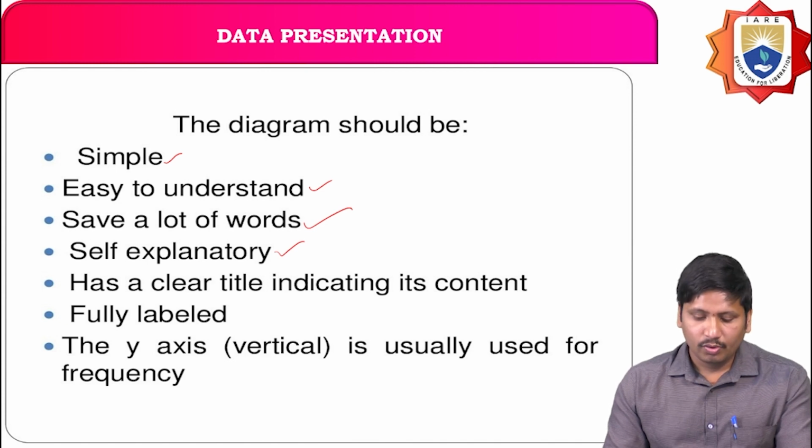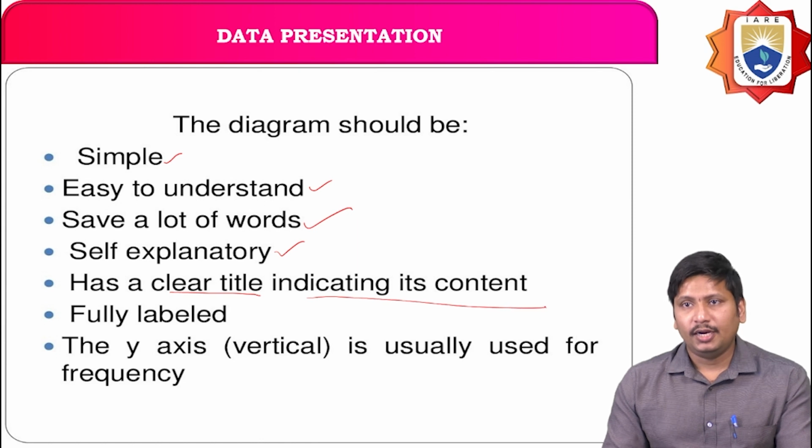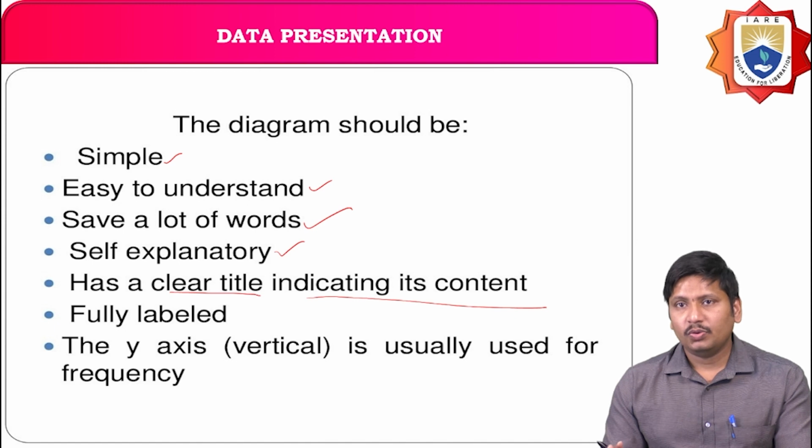The diagram should have a clear title indicating its content. By seeing the title itself, you should know the content, instead of going inside. The content you are representing should be clearly specified in the title itself.